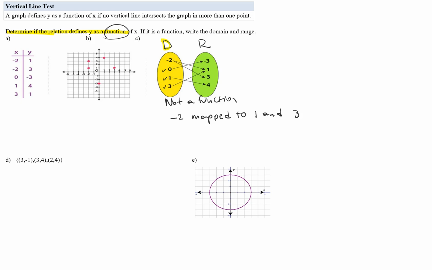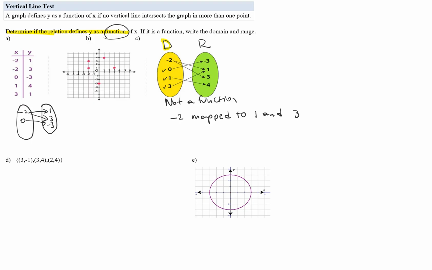So let's look at the very first problem, A. We have -2 that corresponds to 1. If we want to create the same picture, do you see how -2 corresponds to 1? -2 also corresponds to 3. And then 0 corresponds to -3, and so forth.